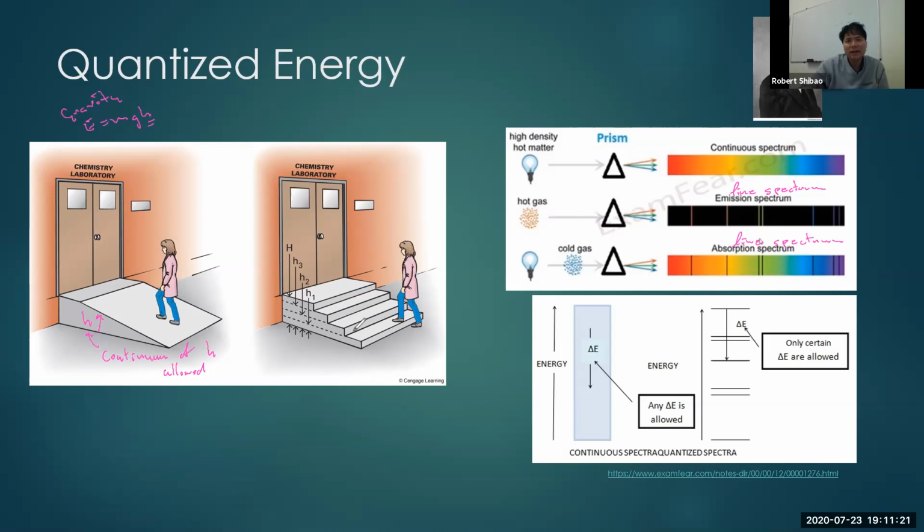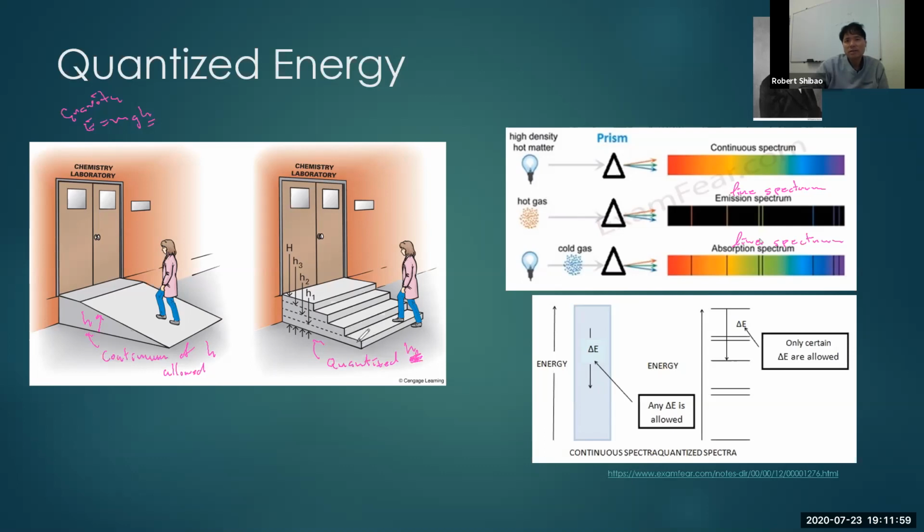Here there are forbidden gravitational energies, because it's stepped. This would be quantized. This is a continuum; this is quantized. All quantized means is that some energies are forbidden and some are allowed. So we have quantization of h: the height is quantized.